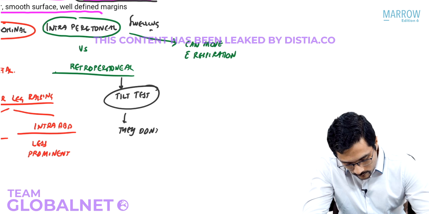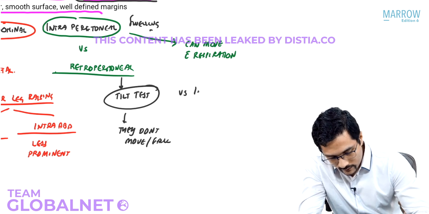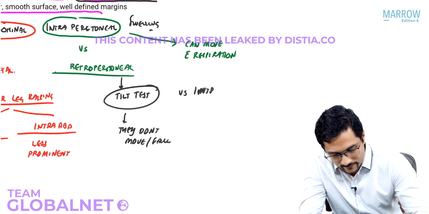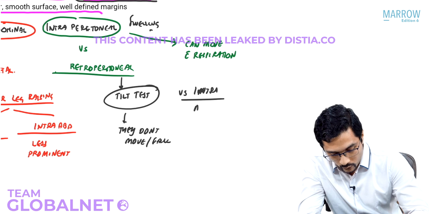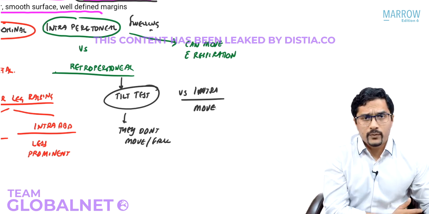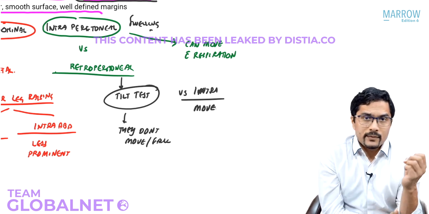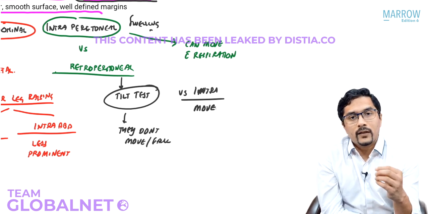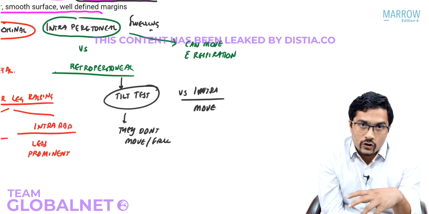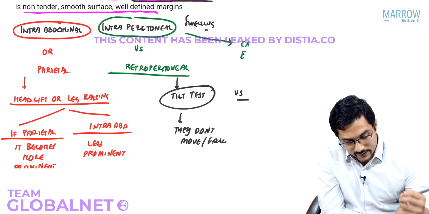They don't move or fall. Whereas an intraperitoneal swelling will move, or it will fall to one side because it shifts with the peritoneum. So this is how you differentiate swellings, whether they are parietal or intra-abdominal, intraperitoneal or retroperitoneal. From these MCQs have also been asked in the exam.